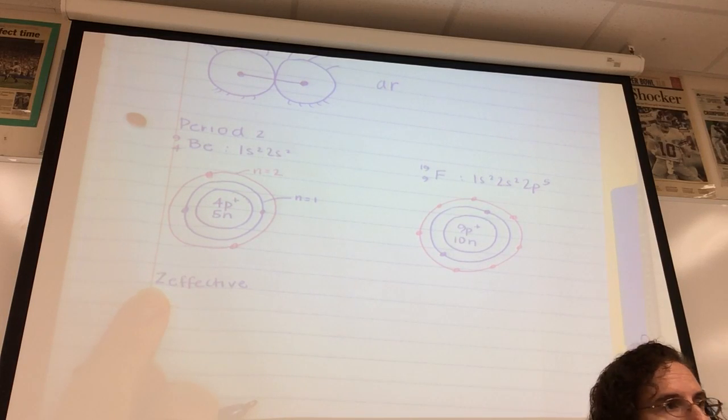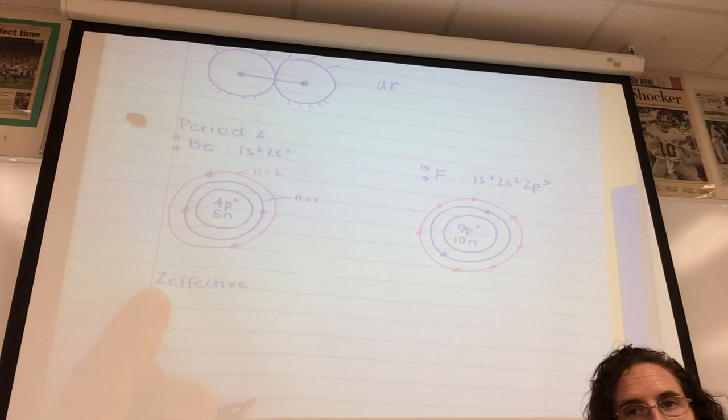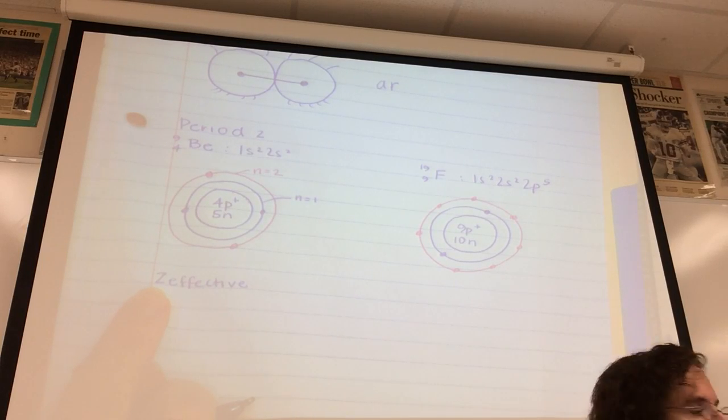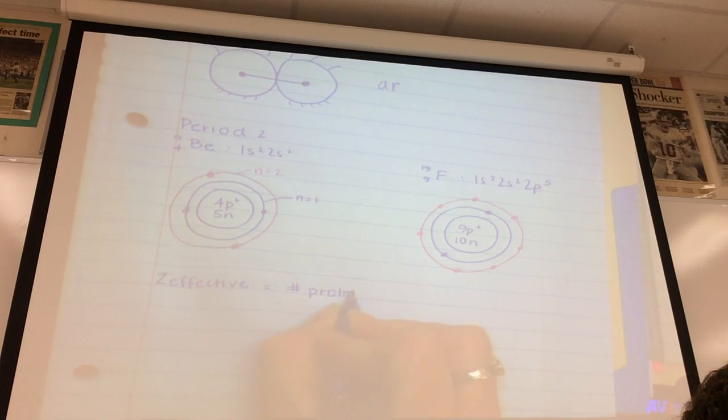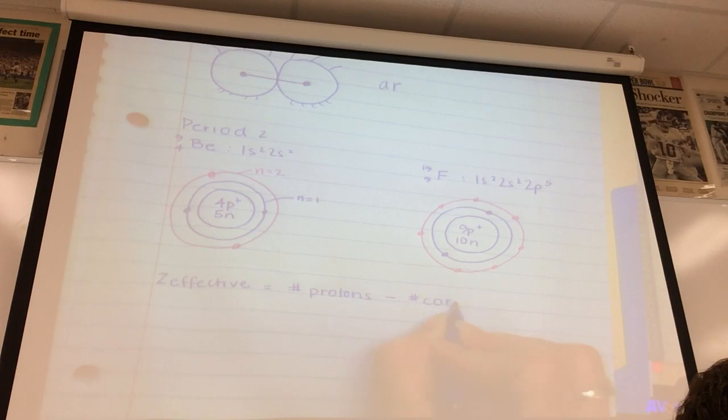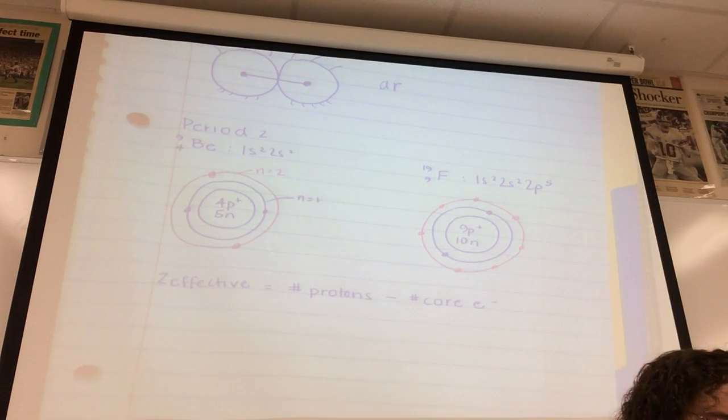The effective nuclear charge is what the valence electrons feel in regard to being drawn toward the nucleus. So the effective nuclear charge is the number of protons minus the number of core electrons.